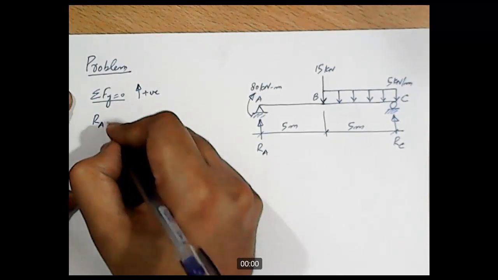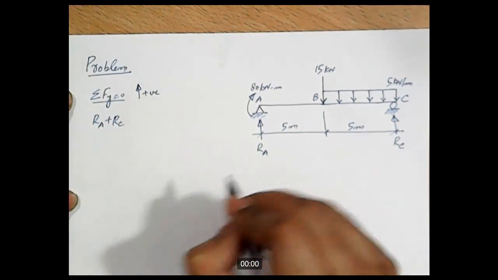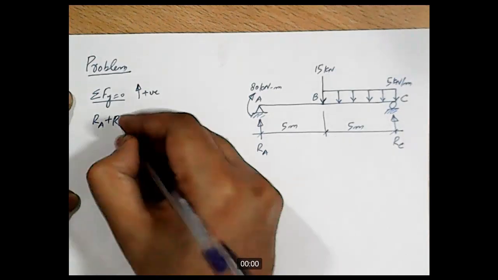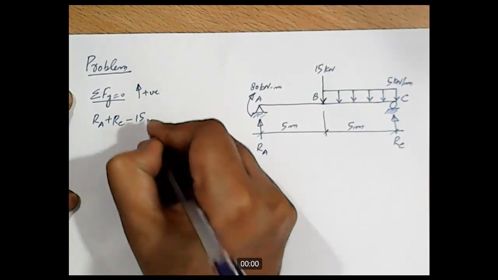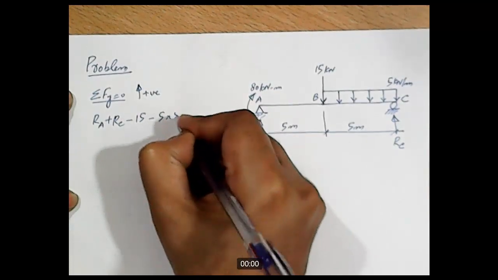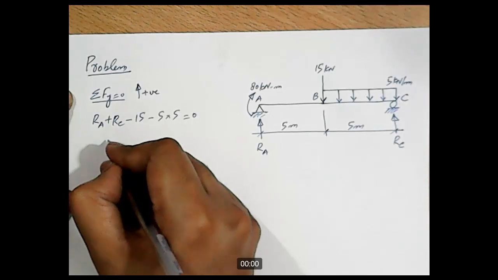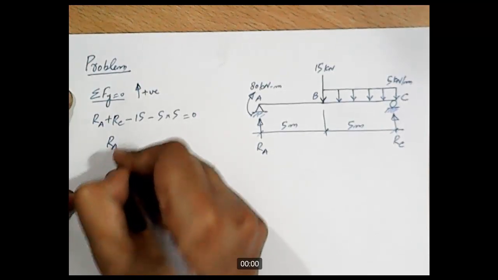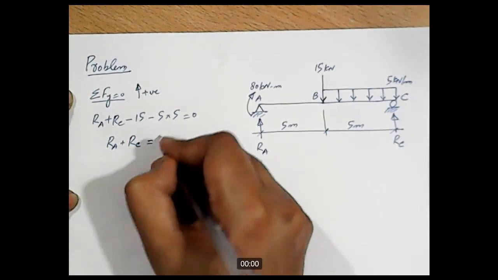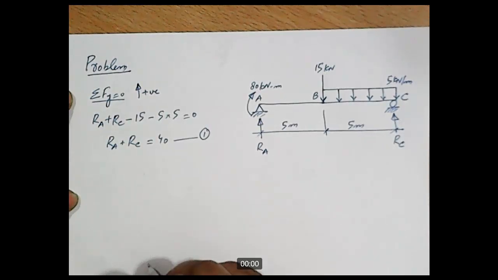So RA plus RC, and how many forces are acting in the downward direction? It's 15 kilonewton force, minus 15, and minus this UDL, which is 5 into 5, and this sum should be equal to 0. So if I solve this, I get RA plus RC equal to 40, and let's call this equation number 1.